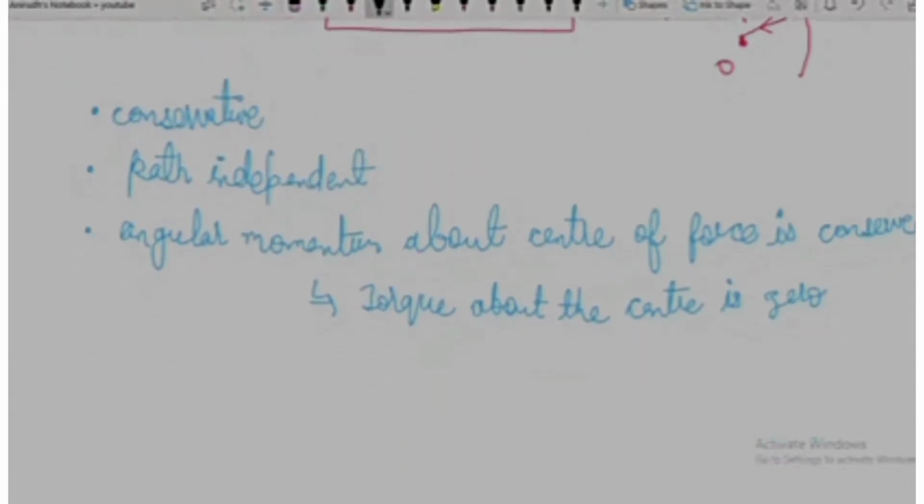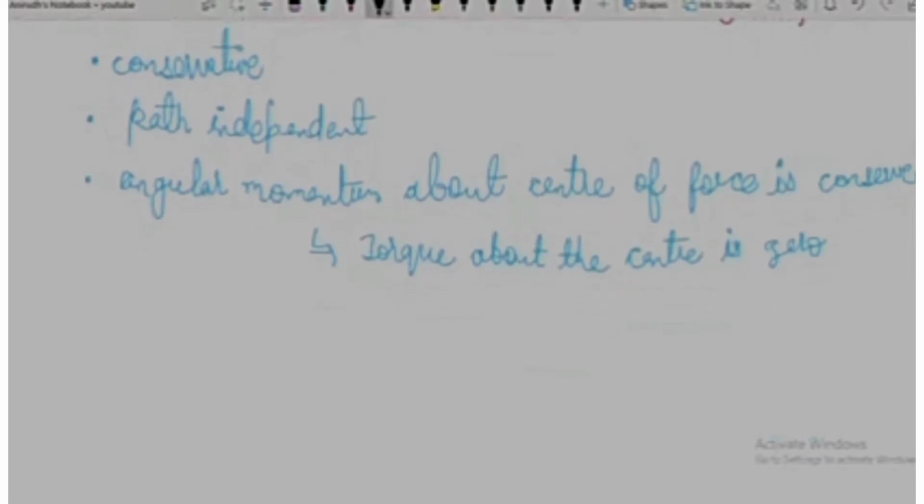So these are some points about the central force motion. And there is one more point that is very useful whenever we use the central force motion, that the areal velocity is constant.